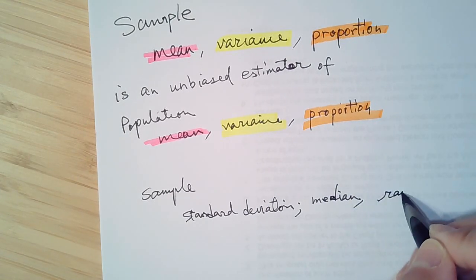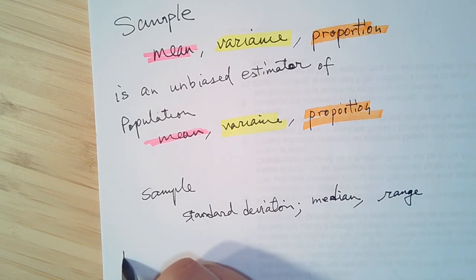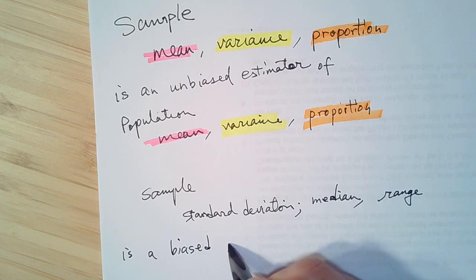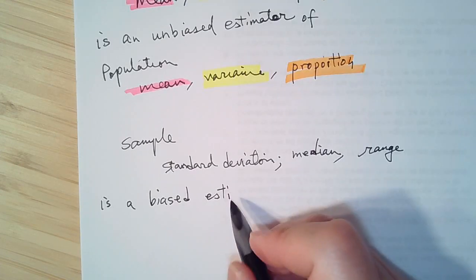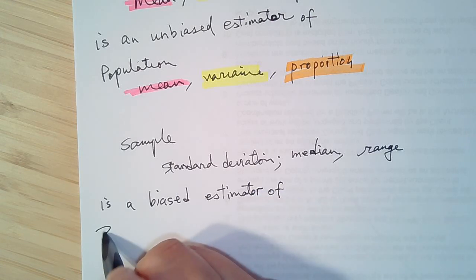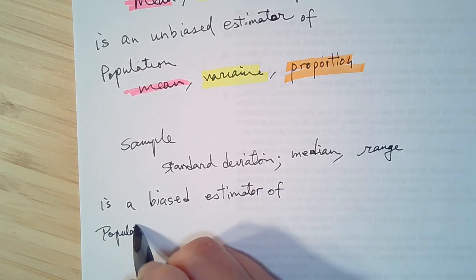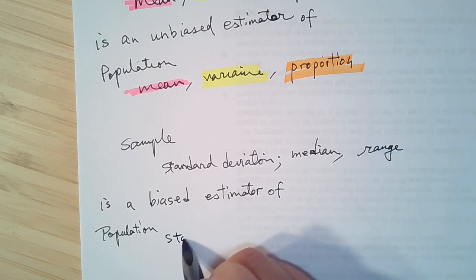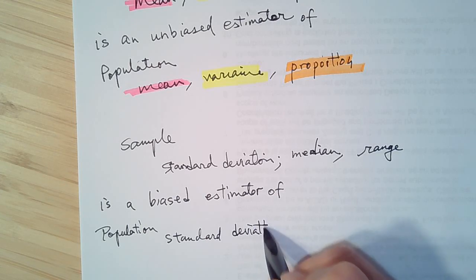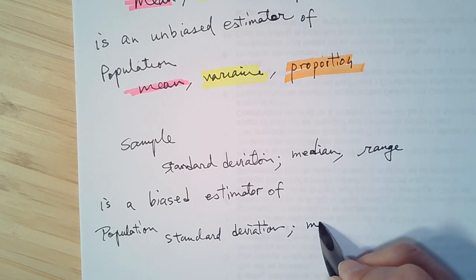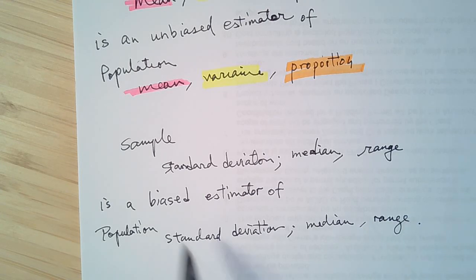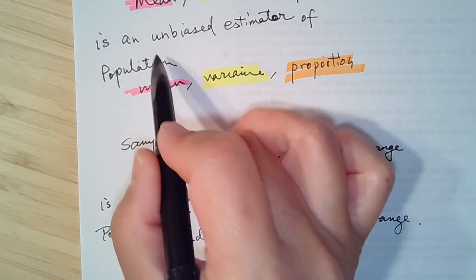Range is a biased estimator of population standard deviation, median, range. This is biased and this is unbiased.